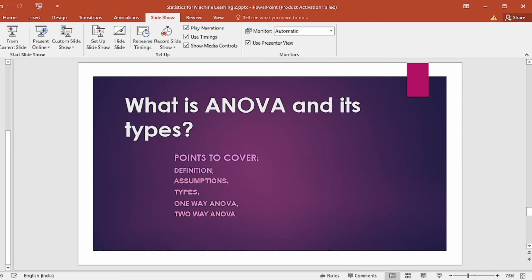There are two main types of ANOVA, one-way ANOVA and two-way ANOVA. The most basic form of ANOVA, used when there is only one independent variable with more than two level subgroups, is one-way ANOVA. It assesses whether there are any statistically significant differences among the means of the groups.